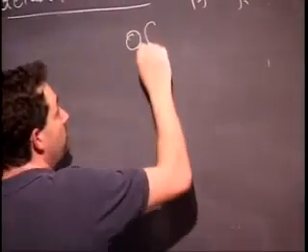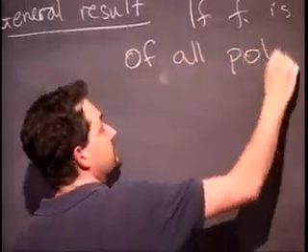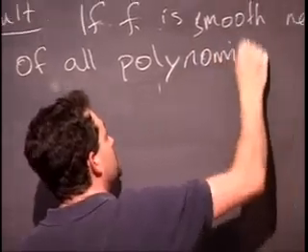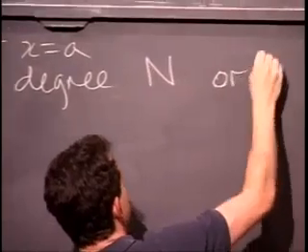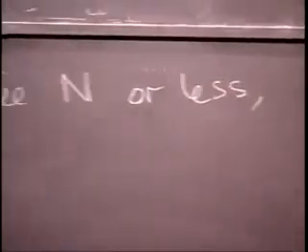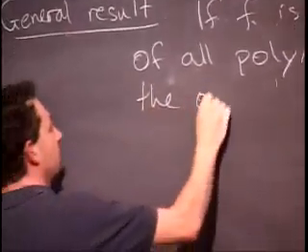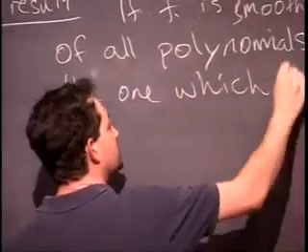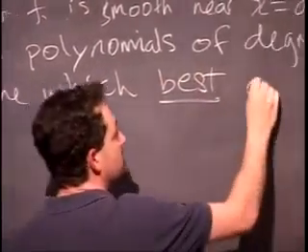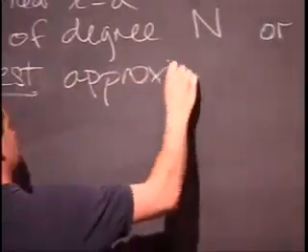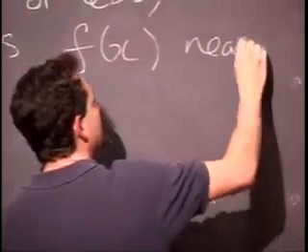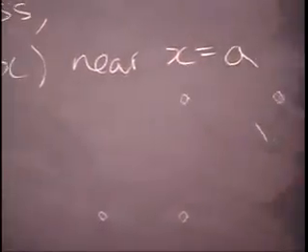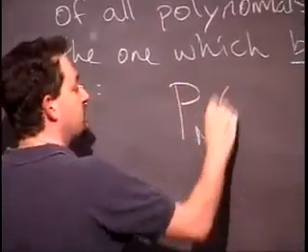Then, of all the polynomials of degree n or less, capital N or less, the one which best approximates, so there's no better approximation, your function f of x near x equals a is written P capital N of x.